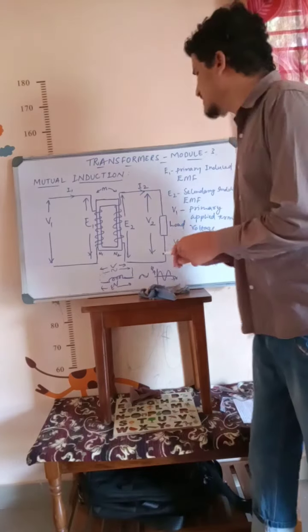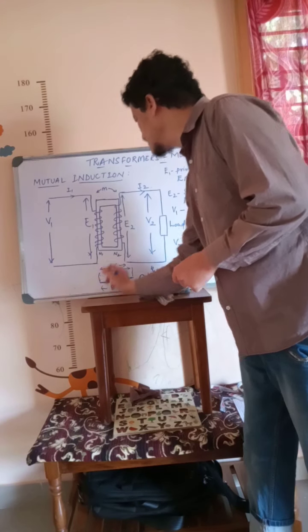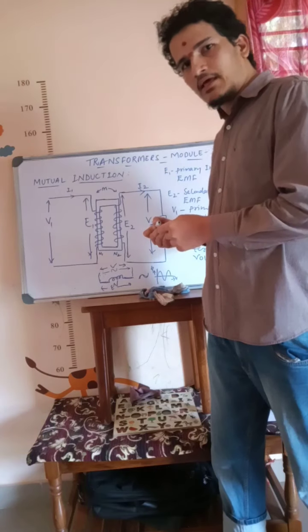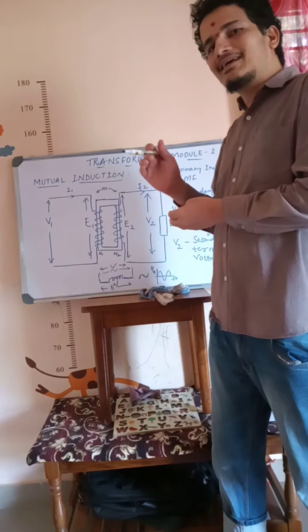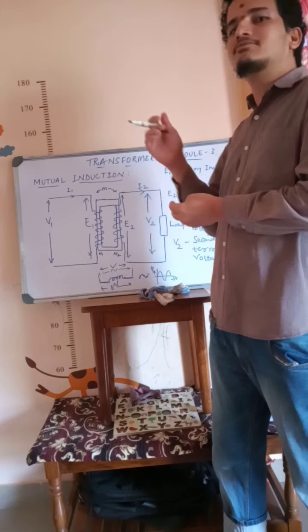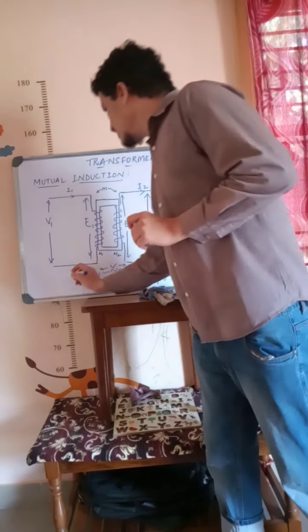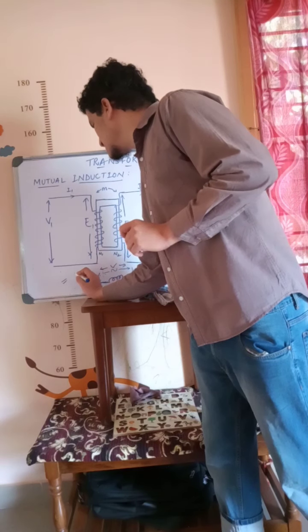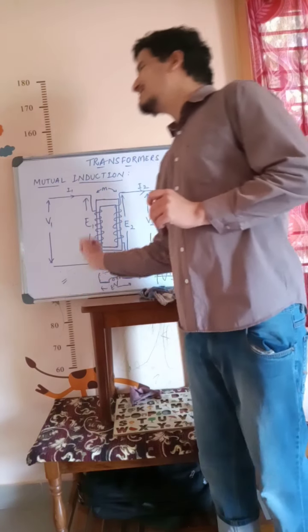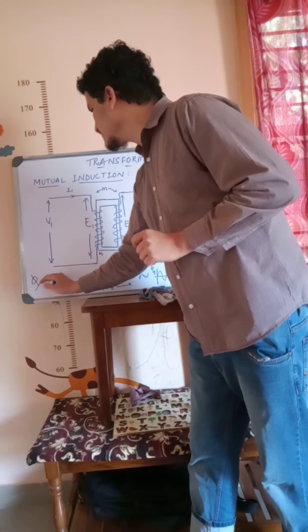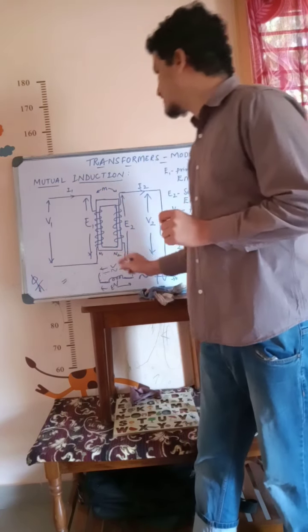I also mentioned one important thing: as you increase the number of turns, the magnetic flux density also increases. If the magnetic flux density is B, that is phi by A, where A is the area of cross section.